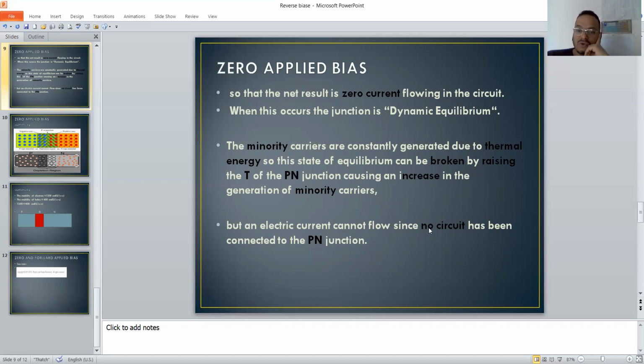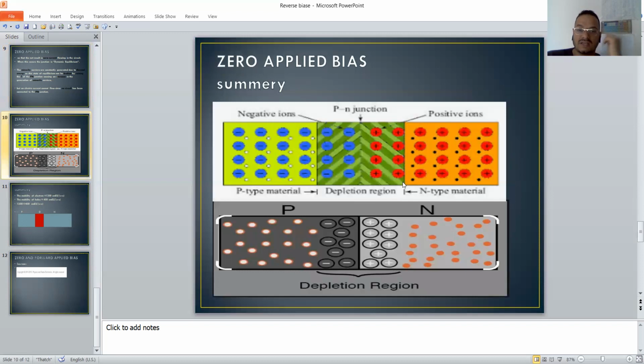Here, no circuit has been connected to the PN junction, so there is no way for electric current to flow in this circuit. Here, let's take the summary. This is a normal PN junction without any power connected.